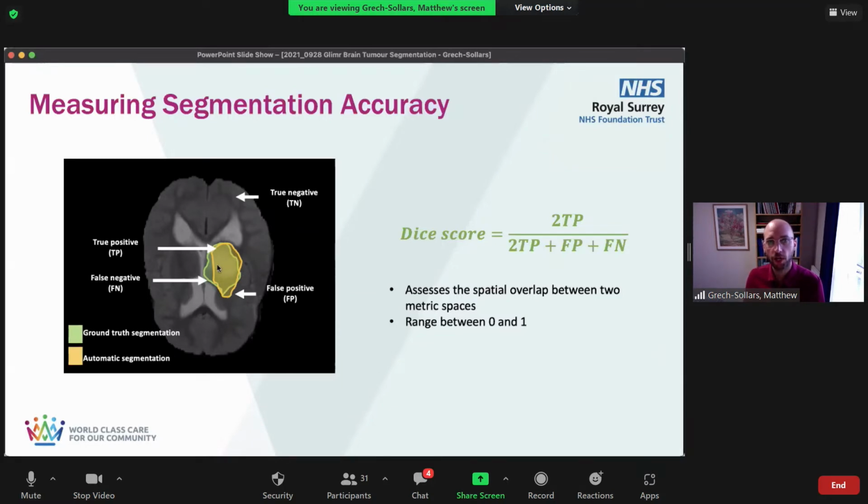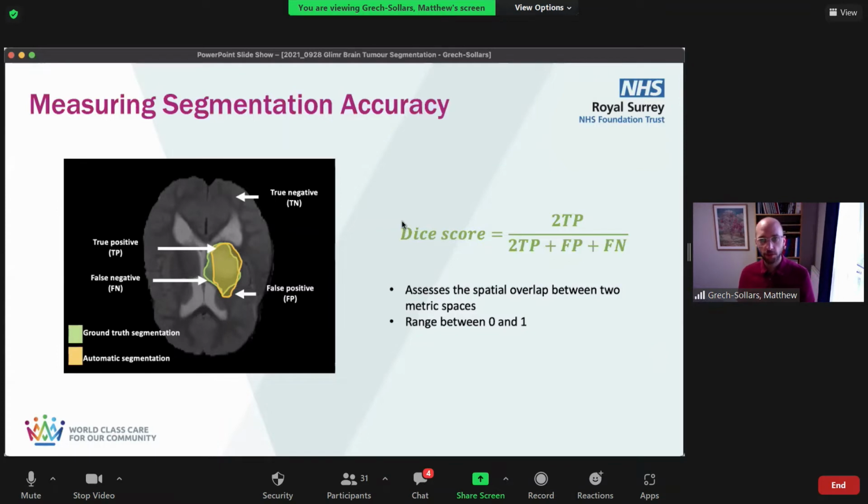Anything which is an overlap between the two is a true positive. Anything that is missing from the automatic segmentation but present in the actual ground truth segmentation is considered a false negative. And anything that is seen as tumor by the automatic segmentation but not by the ground truth is seen as a false positive. And then you measure this Dice score.